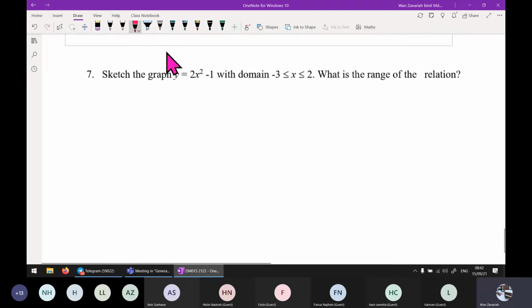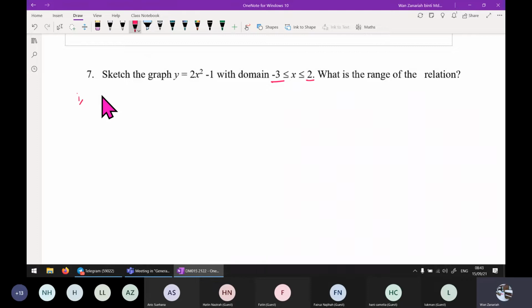Okay, before this, what we have done is we sketch the graph without worrying what is the domain. What you do is you have to make sure this endpoint, you berhenti sampai situ. Jangan bagi lebih-lebih. Okay, so first of all, macam mana step-step nak sketch?